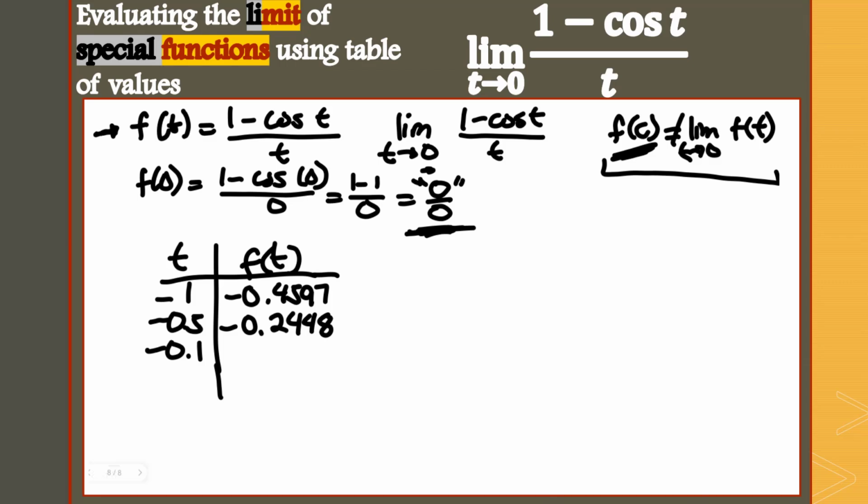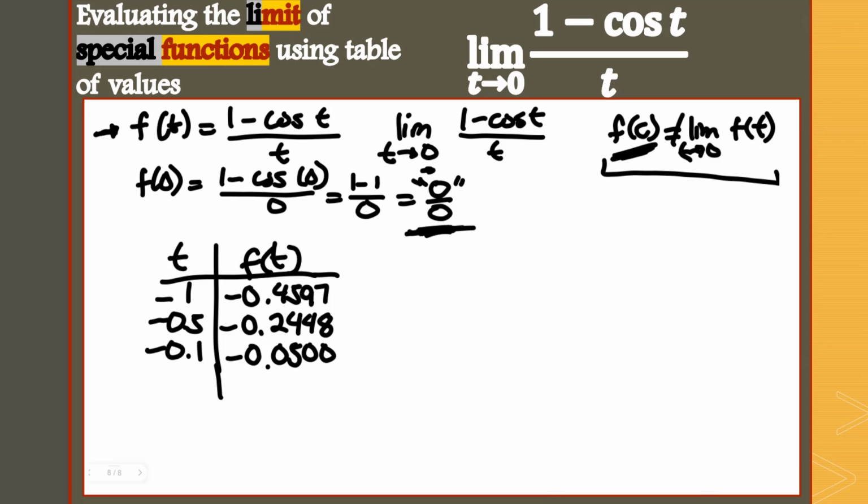Next, for negative 0.1, you will have f of t approximately equal to negative 0.0500, because this is approximately 0.04995, but as you round it off to 4 decimal places, let me use this value. Please verify this.